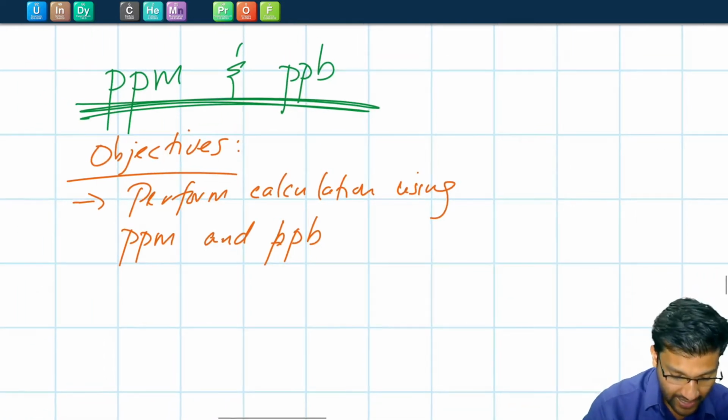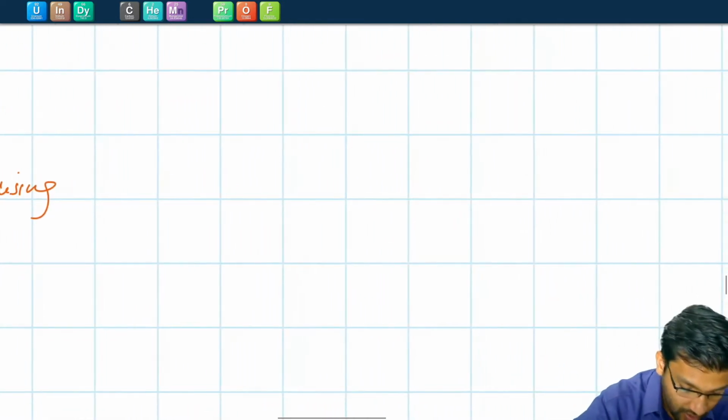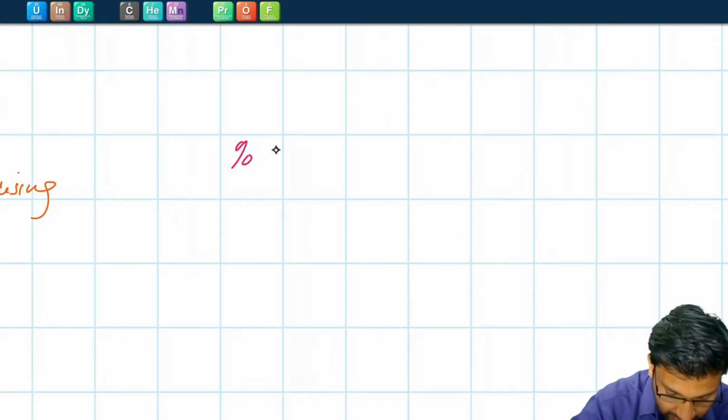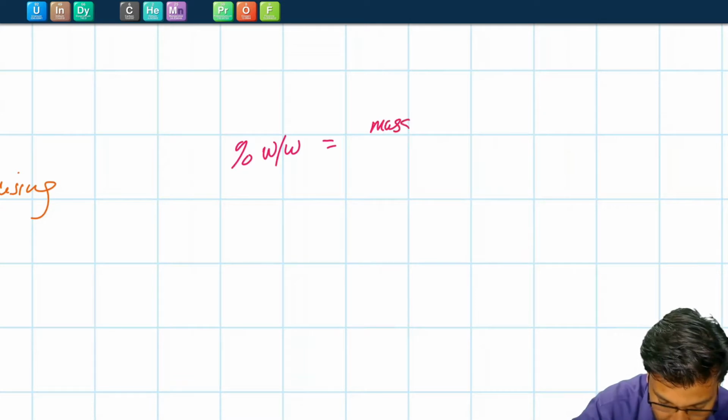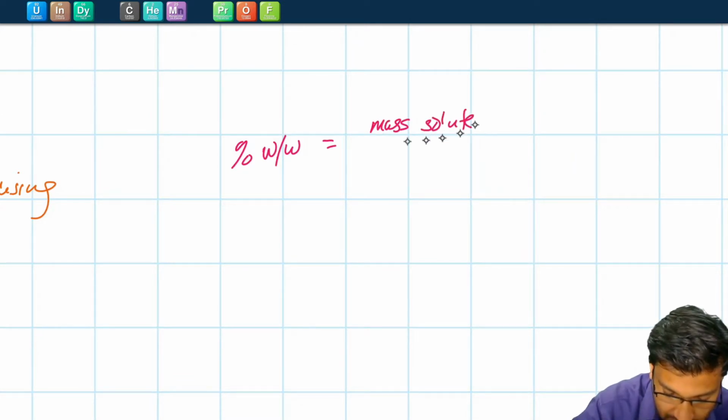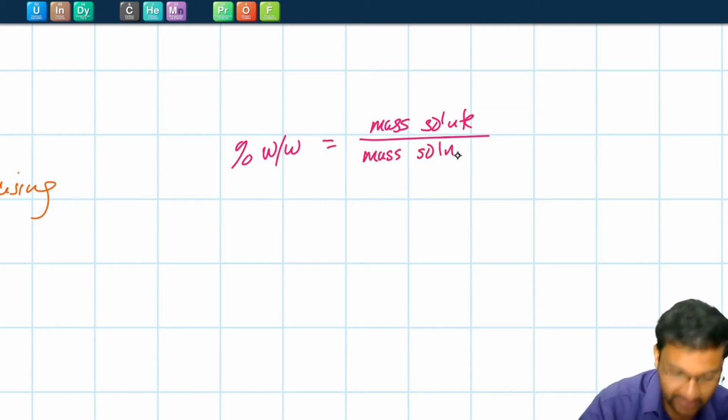Now, just to bring you back to a couple of videos ago when we talked about percent weight by weight, which we mentioned was the mass of the solute, doesn't matter the units, divided by the mass of solution, again, doesn't matter the units as long as they cancel out, times 100%.